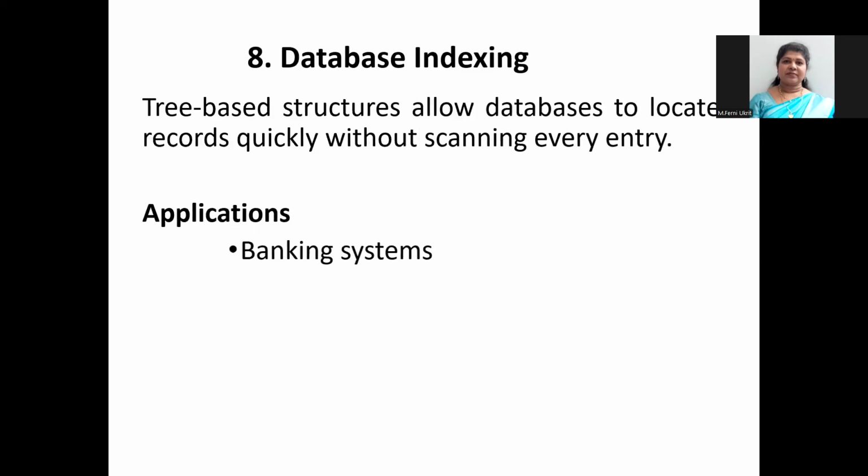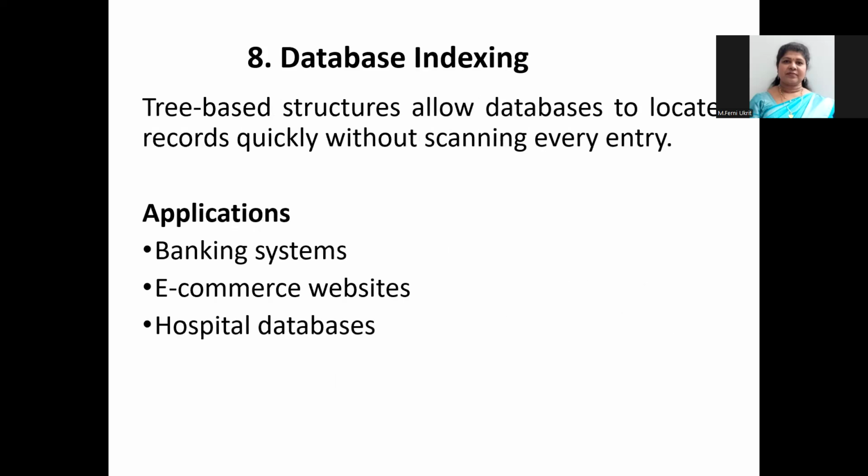Next, database indexing. Tree-based structures allow databases to locate the records quickly without scanning every entry. Okay, it will not scan every entry, it will locate the records quickly. Okay, so the applications will be banking, e-commerce, and hospital databases, and a few more.